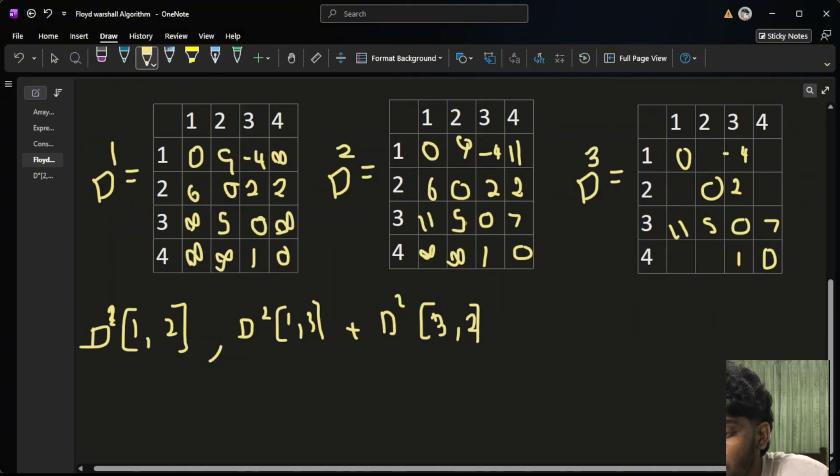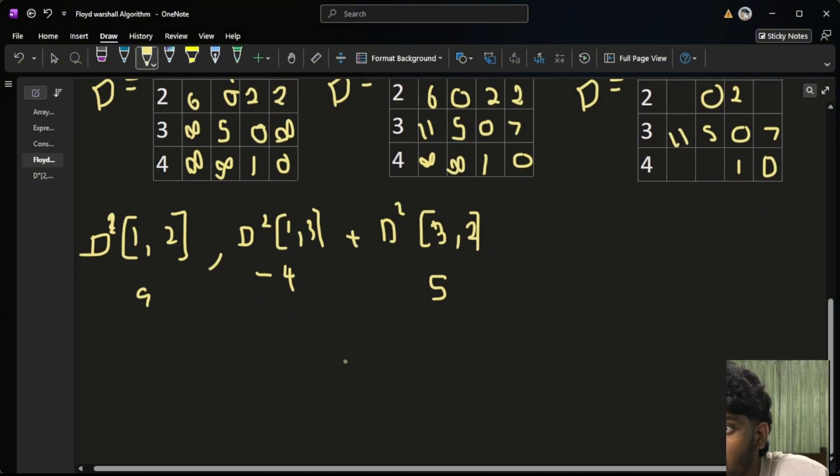So from here, 1 to 2 is 9, 1 to 3 is -4, and 3 to 2 is 5.